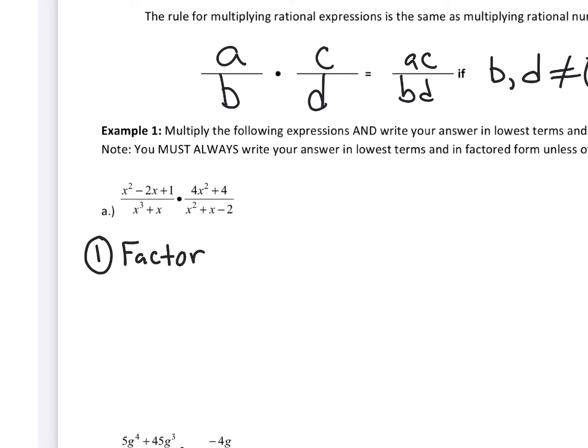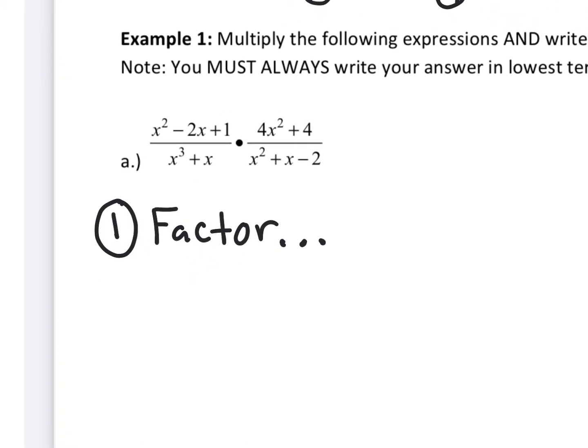So we factor really everything we see. Every numerator and denominator. So if you have x squared minus 2x plus 1, you might recall from yesterday's lesson that factors to be, oh dear, my stylus stops working. So we have x minus 1 times x minus 1, because those are the factors of positive 1 that make negative 2.